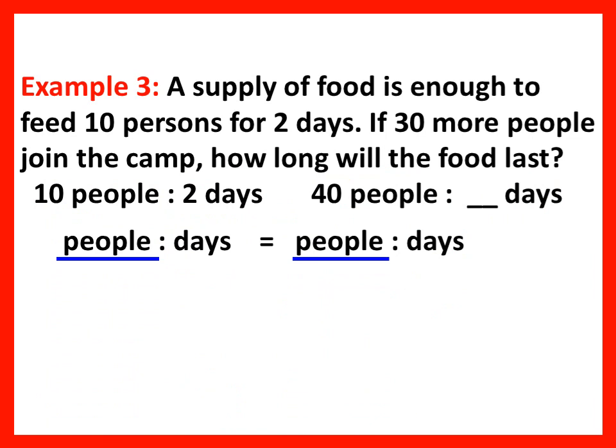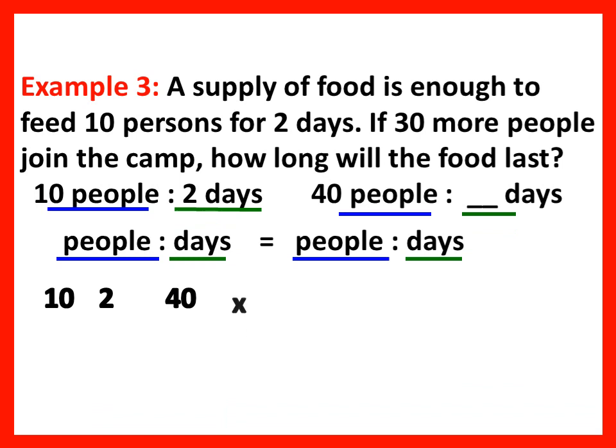So for the people, we have 10 and 40. Next, for the number of days, we have 2 and blank. And for the blank, we will be using a variable x.